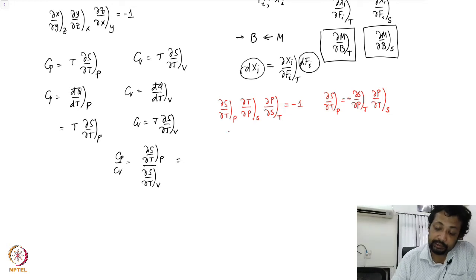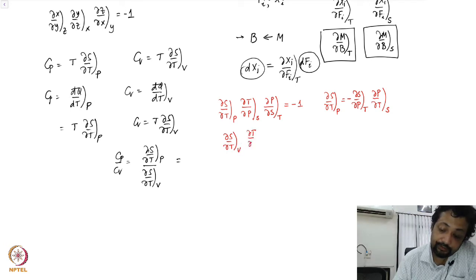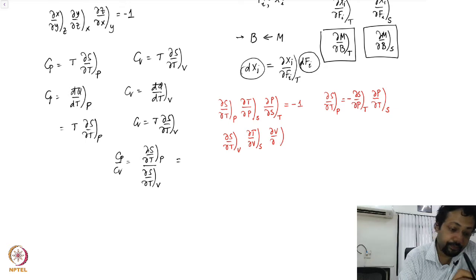Similarly, for this I want to again use the cyclic relation with volume. So (∂T/∂V) at constant entropy, and then you have (∂V/∂S) at constant temperature.